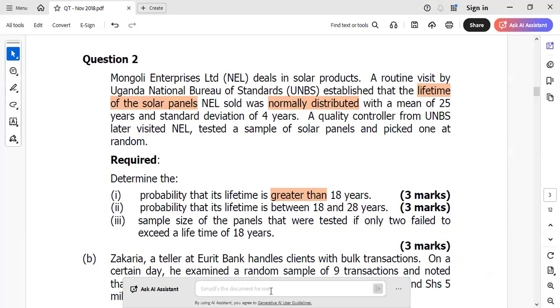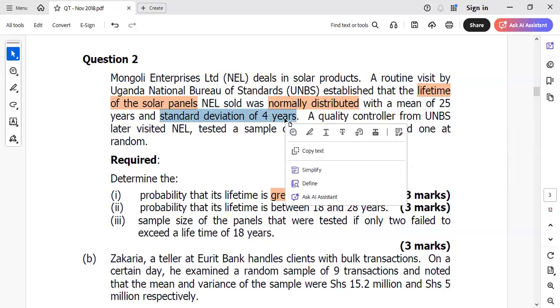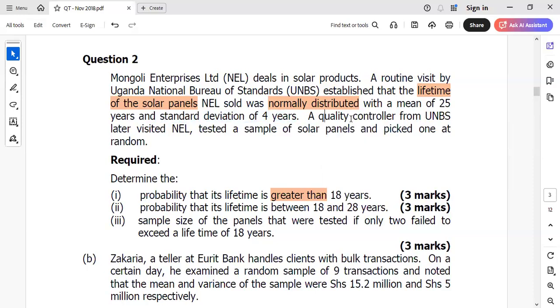So it is normally distributed with a mean and a standard deviation of 4 years. So you have the mean, and you also have the standard deviation. A quality controller from UNBS later visited MER, tested a sample of solar panels and picked one at random.